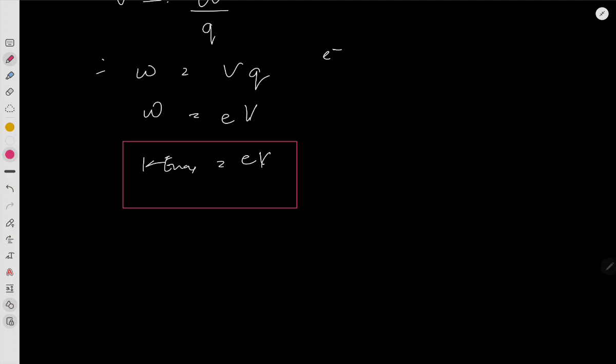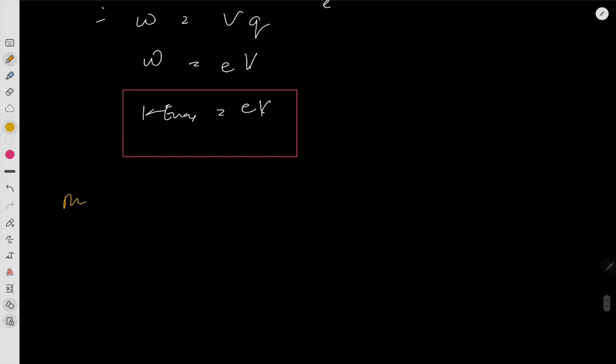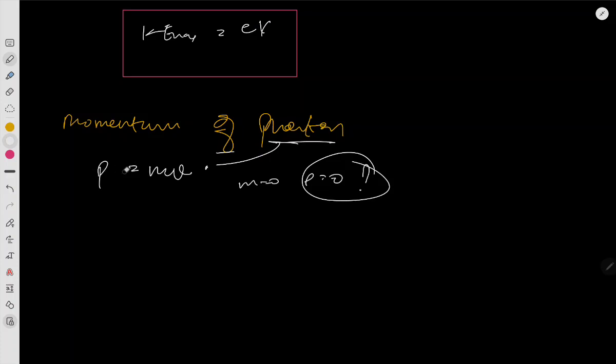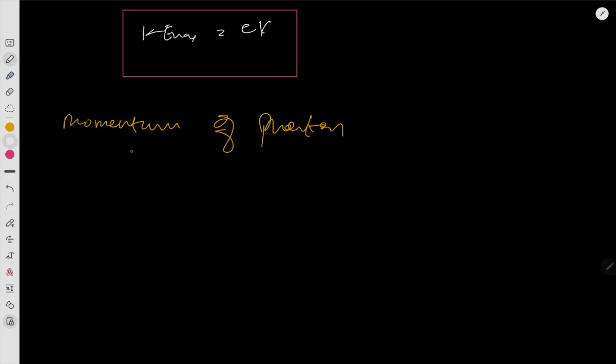Another thing that we have to discuss now is the momentum of a photon. We know that momentum p equals m into v, but for a photon the mass is equal to 0, so p would be 0. So we restate the definition of momentum for a photon: momentum is energy per unit velocity.